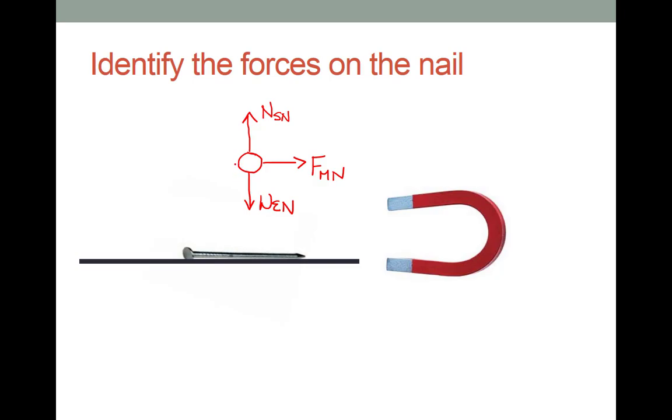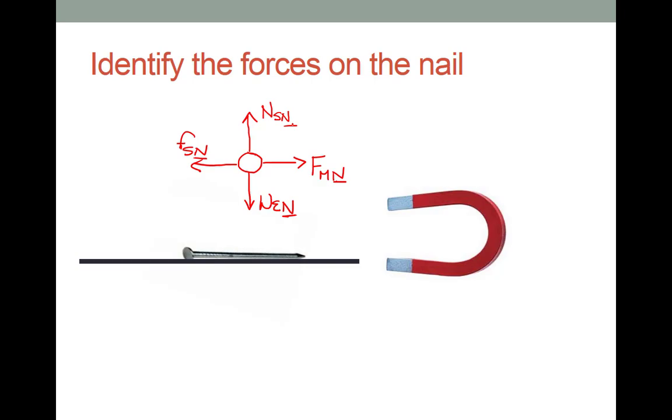And lastly, most shelves that I've seen have some friction between them and whatever's sitting on them. So friction between the shelf and the nail. Now, look at the free body diagram for the nail. Notice that the second subscript for every force on that free body diagram is the subscript for the object which that force is acting on.